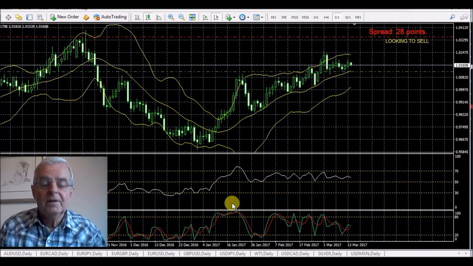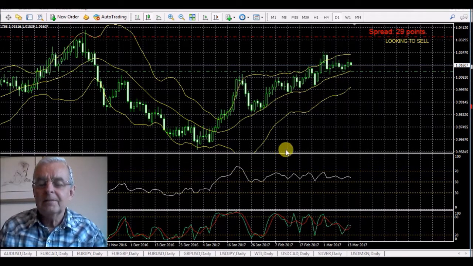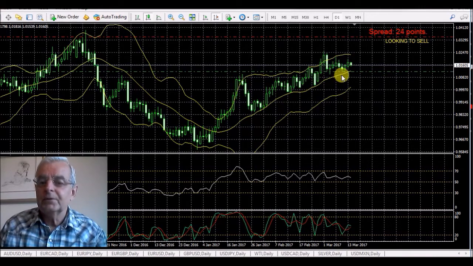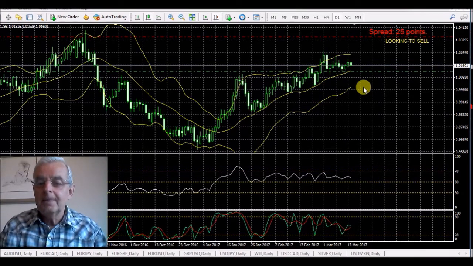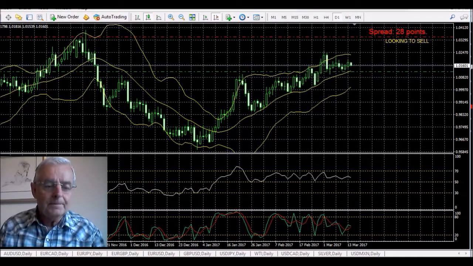CAD. Well, this is looking a little bit more hopeful for me. I feel I'm going to be able to get out of this trade, and it really ought to go right. It's had this nice upward trend. The CFTCs say that the Australian dollar is shorter than the Canadian dollar, so I feel I should be all right with that one.